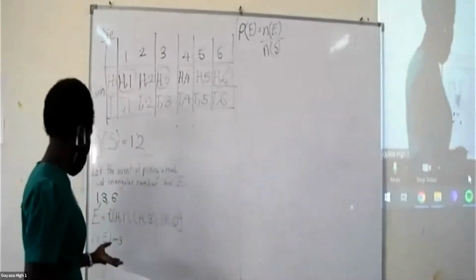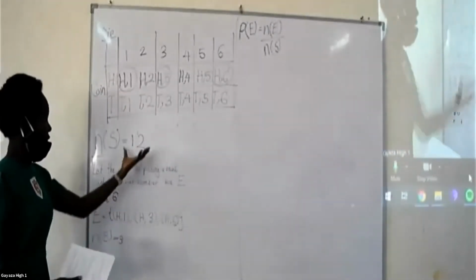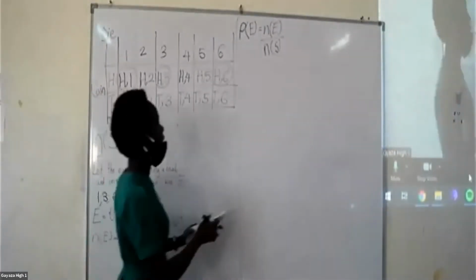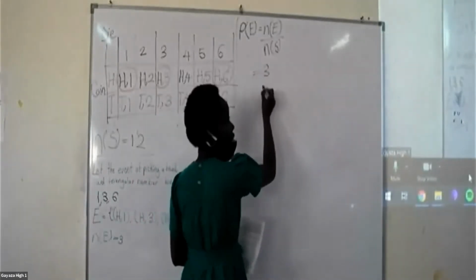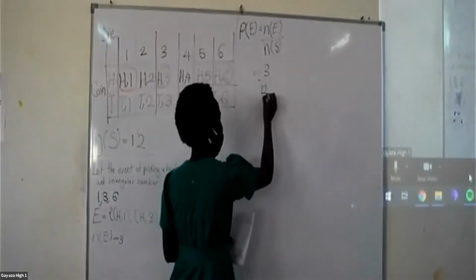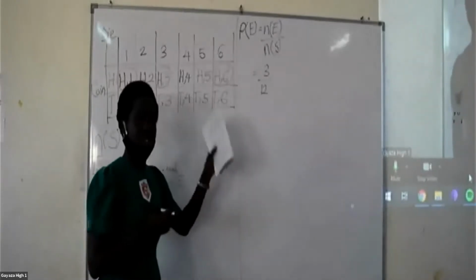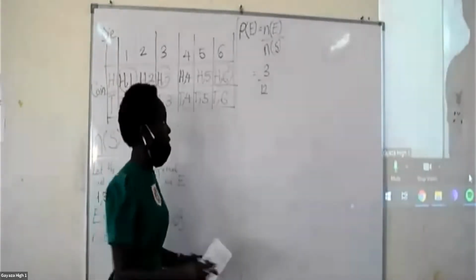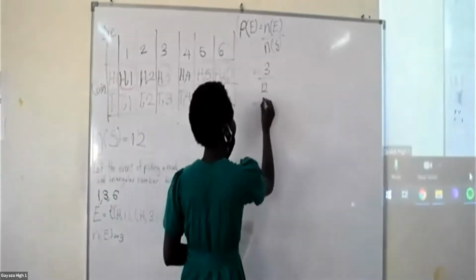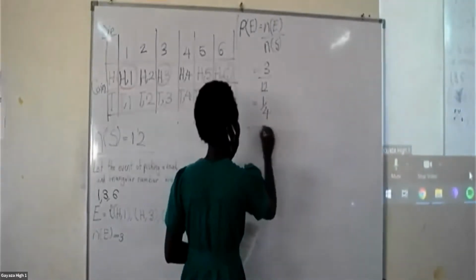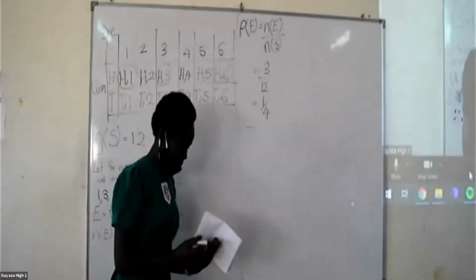The total number of the event was 3, and the sample space we got as 12. All right, 3 out of 12. We all remember we are supposed to reduce a probability where necessary. So we shall reduce this and get a quarter.